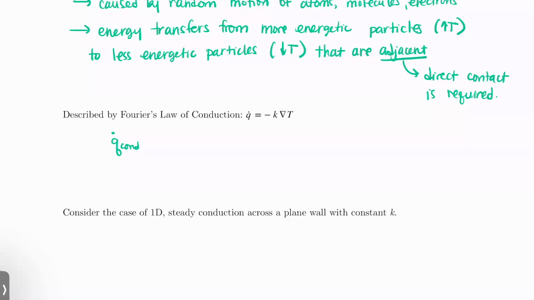So this is conduction: Q dot conduction equals minus K gradient of T. The first term is heat flux, this is the conductivity, and this is the temperature gradient.